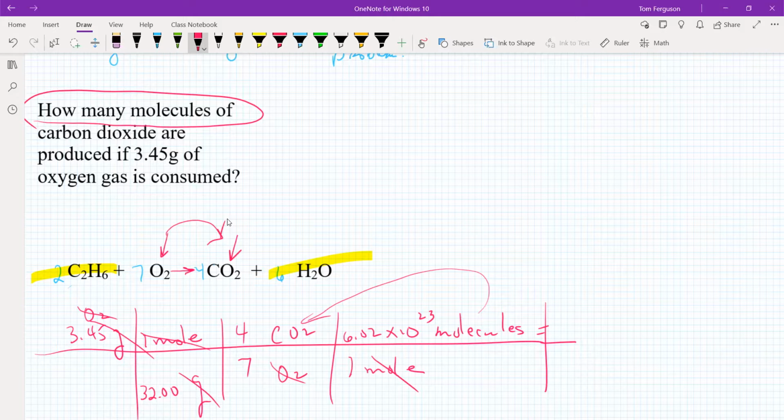God. Oh, sound like a TB ward here. Okay, 3.45 times 4 times 6.02 E 23 divided by 32 divided by 7 gives us 3.71 times 10 to the 22nd. 3 sig figs.